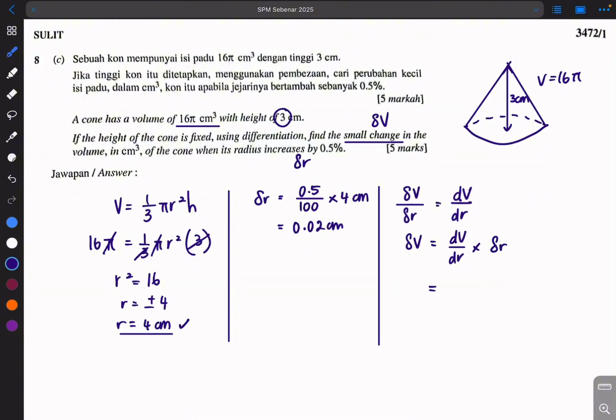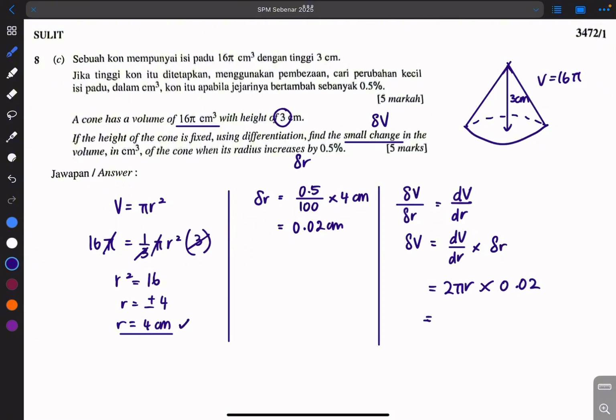So instead of writing h here, we can just put 3 because this one doesn't change. Then we can simplify it. 1/3 times 3 cancels off. So V is pi r square. So dV dr would be 2 pi r. I just differentiated this: 2 we bring in front, 2 pi r. Delta r is 0.02.